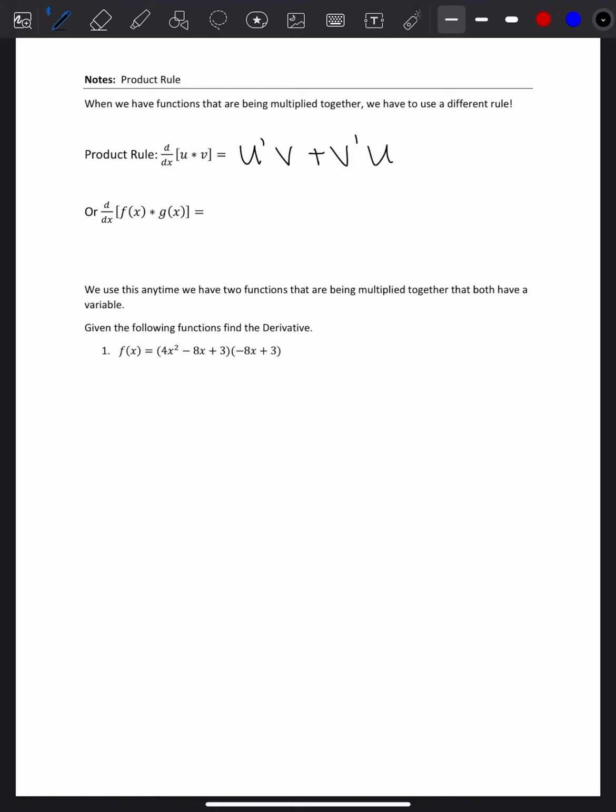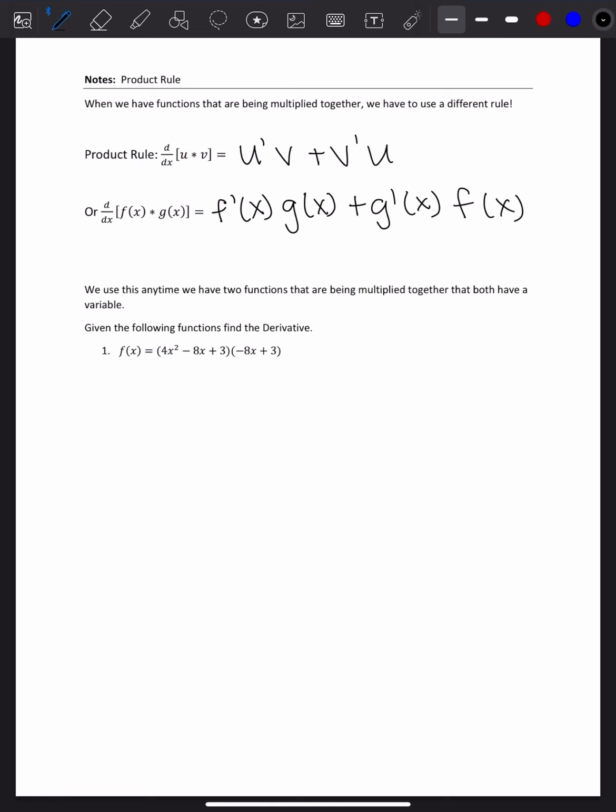If it's f of x and g of x, we have f prime of x times g of x plus g prime of x times f of x. This is one of those things where we just have to use this formula in order to find the derivative, and it just is the formula.